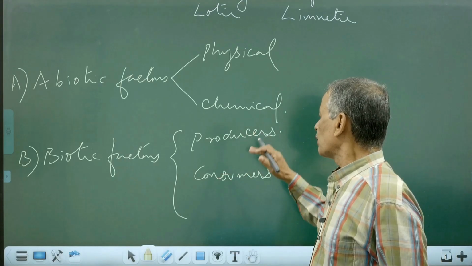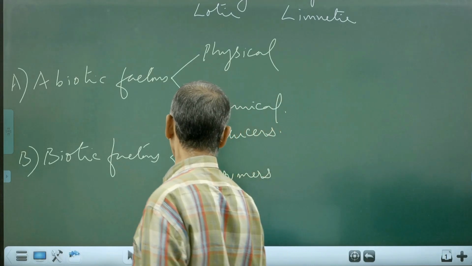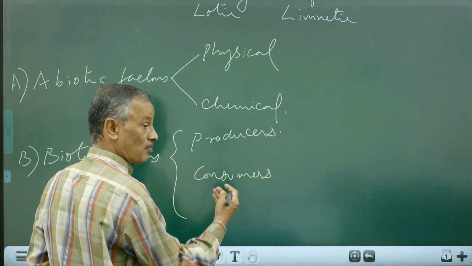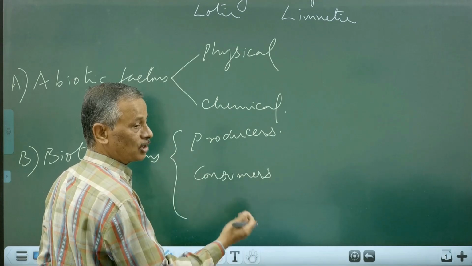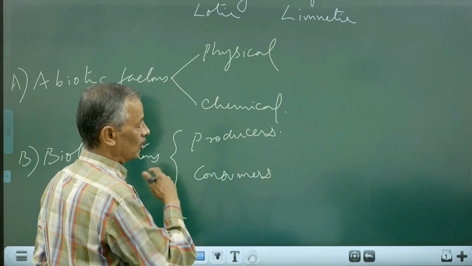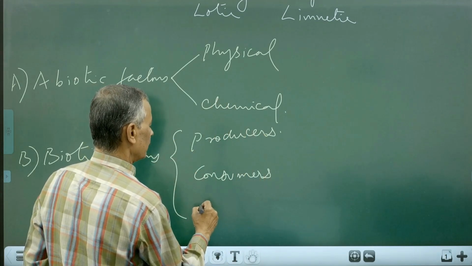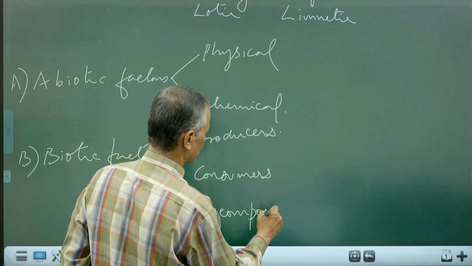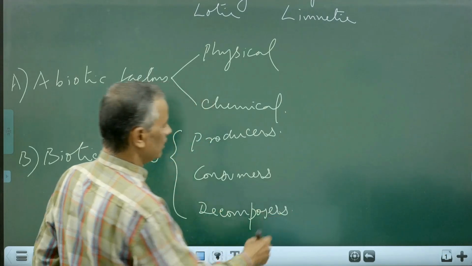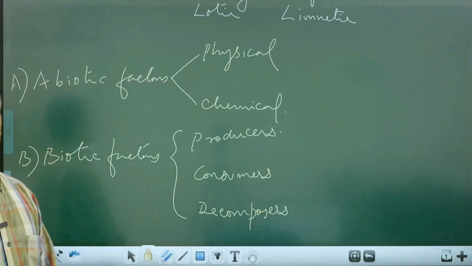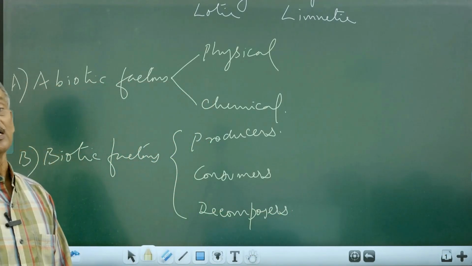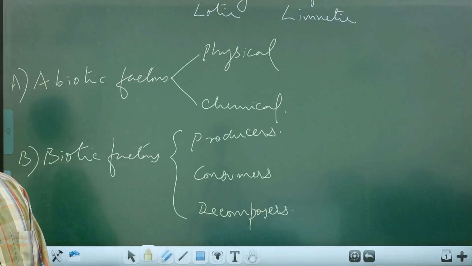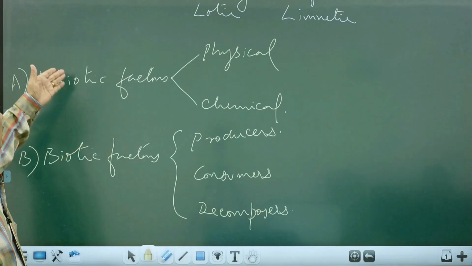When both producers and consumers are dead, their bodies are decomposed and converted back to abiotic world. They are called the decomposers because they bring about the decomposition. And it is by decomposition that these nutrients are cycled back. The nutrients are going back to the abiotic.